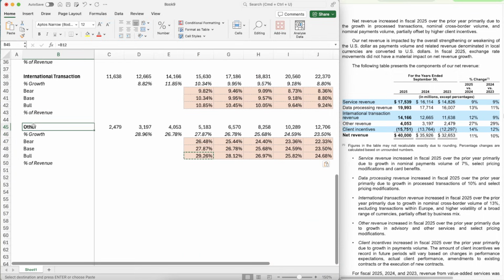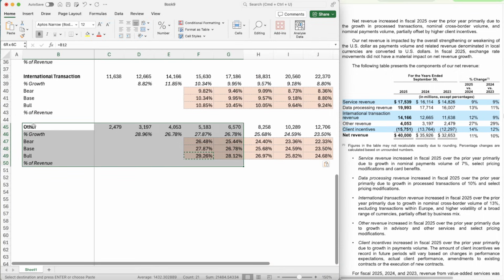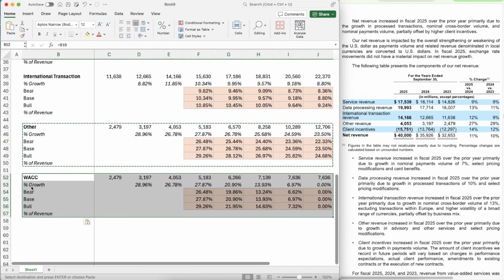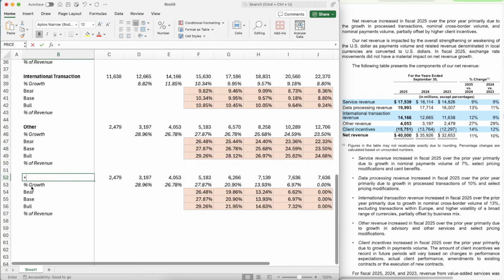Now the last one, client incentives. This is when Visa gives favorable terms to certain merchants.